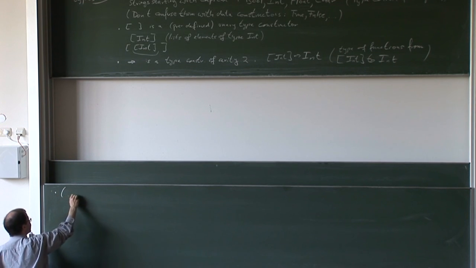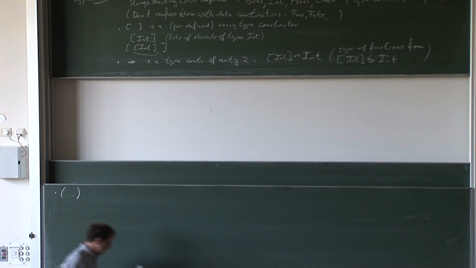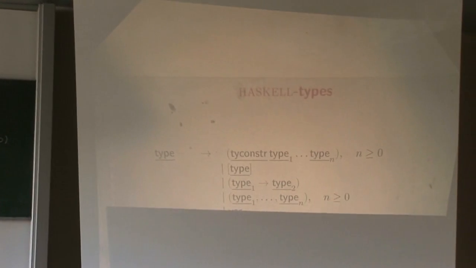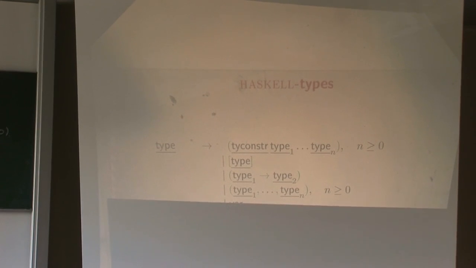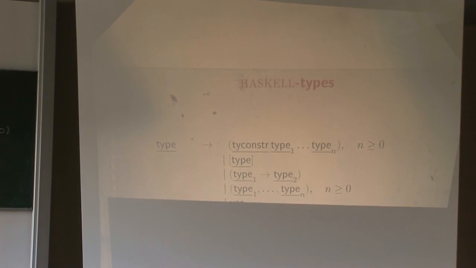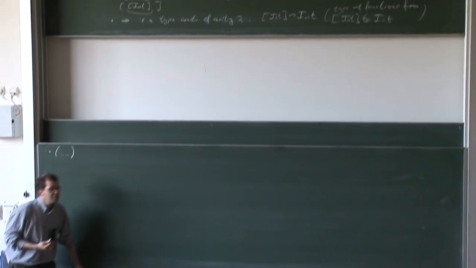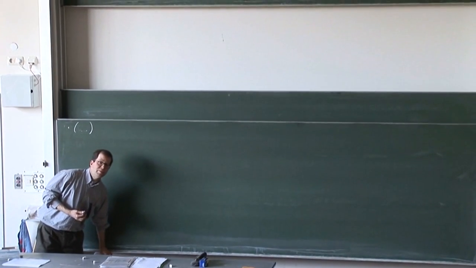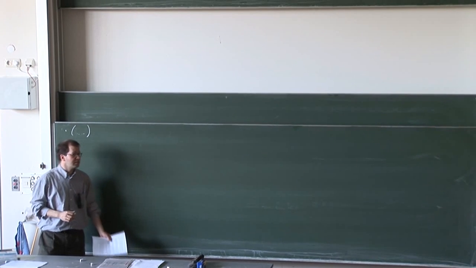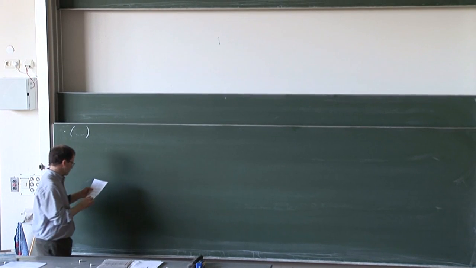So you take the input types and you write round brackets around them. So it would look like this. You have n types, type 1 to type n. And if you write round brackets around them and separate them by commas, you have a new type, namely the type of tuples. So this type consists of n-tuples, and the first component has type 1, and the second has type 2, and so on.